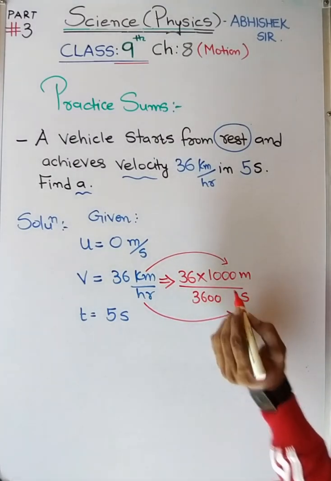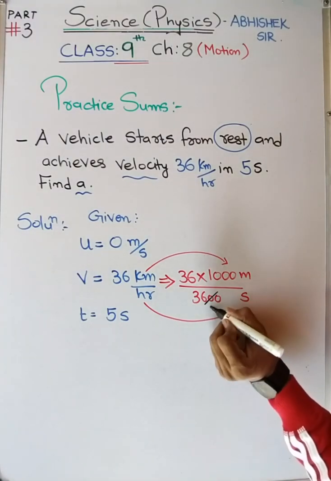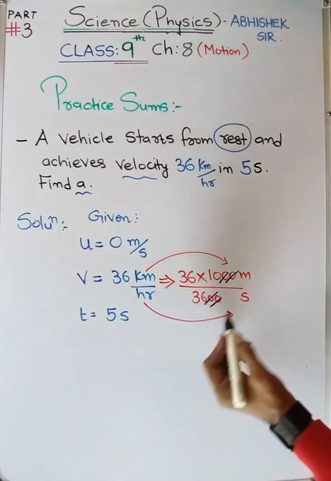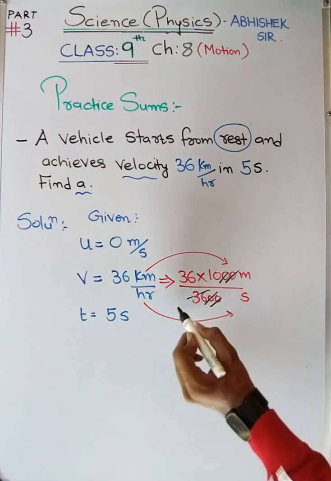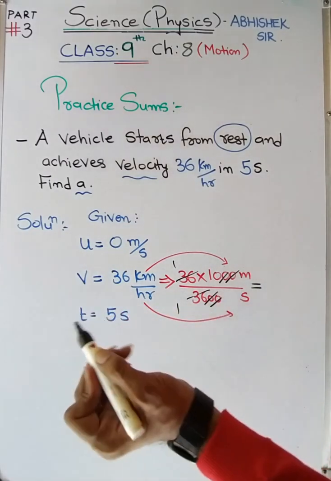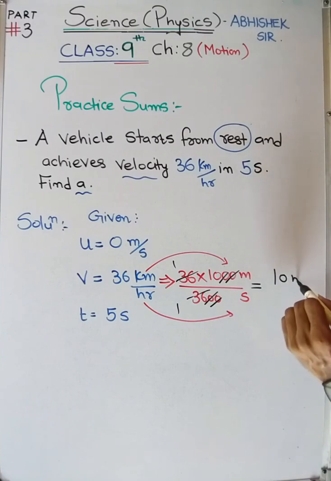Now let us cancel the zeros. If you cancel these two zeros, we will have 36 into 10 upon 36, and we know that 36 ones are 36. So the final velocity 36 km per hour in meter per second is 10.